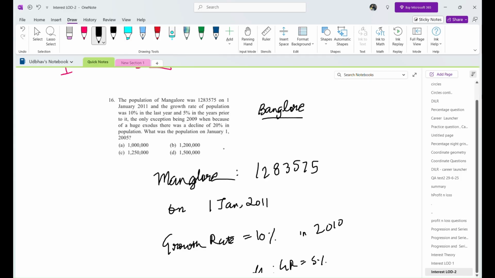But what does prior mean? Prior means ahead or backward? Existing or coming before. Oh, prior means previous.